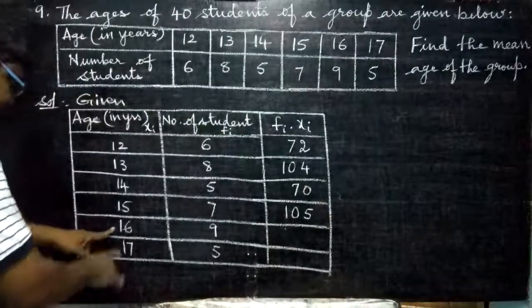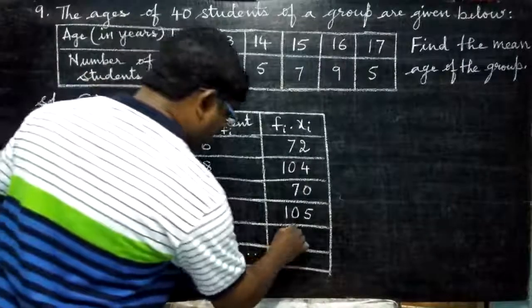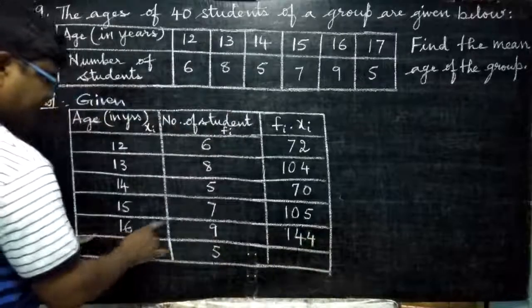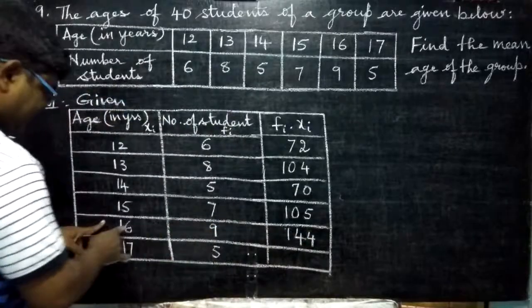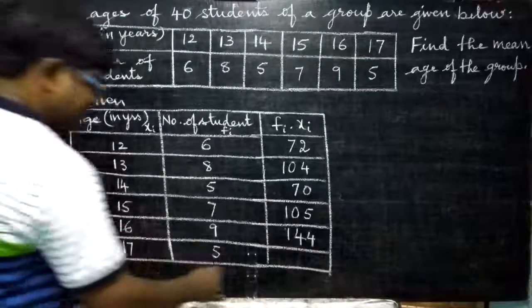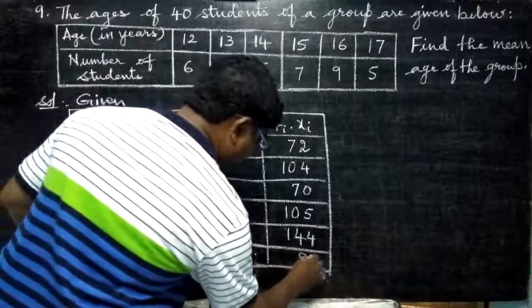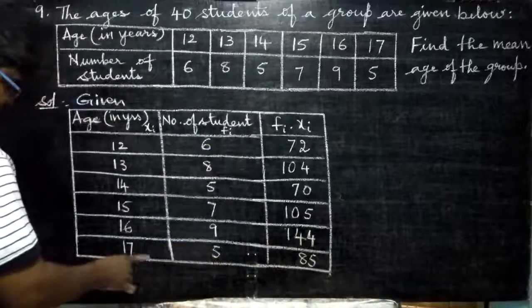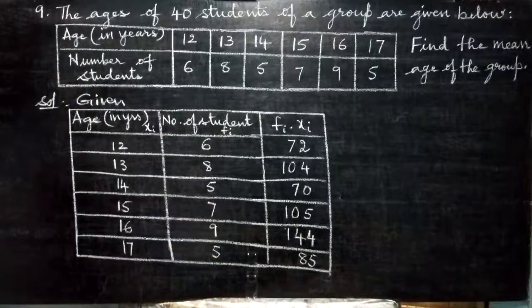Next, 16 nines are 144. 9 6s are 54, 4, 5. 9 ones are 9. 9 plus 5 is 14. Next, 17 5s are 85. 7 5s are 35, 5, 3. 5 plus 3 is 8.